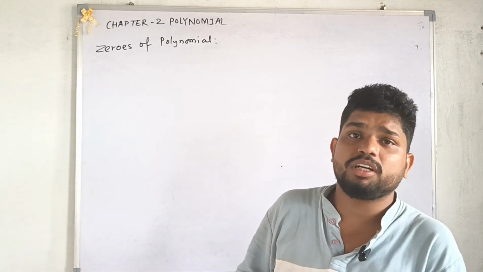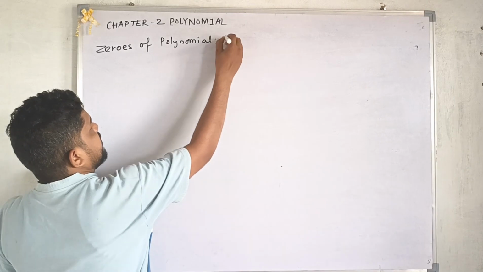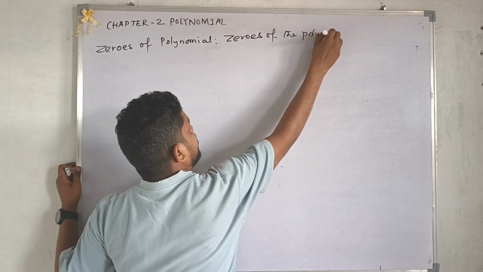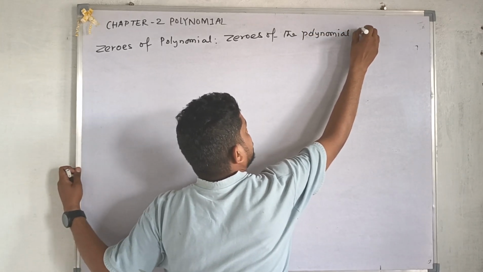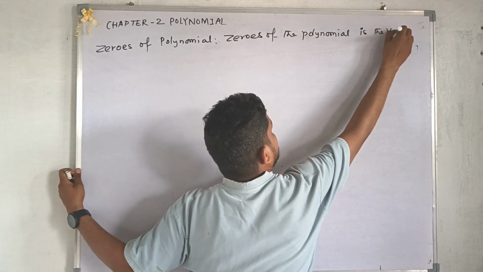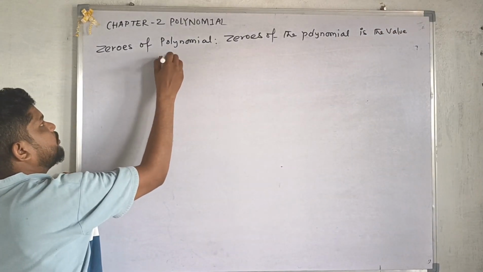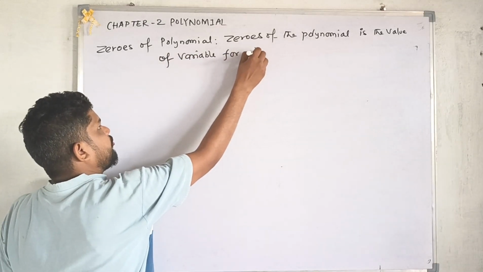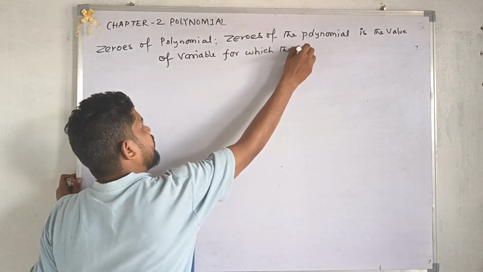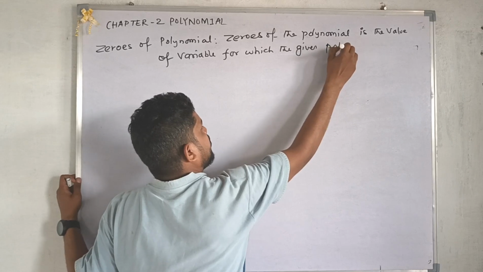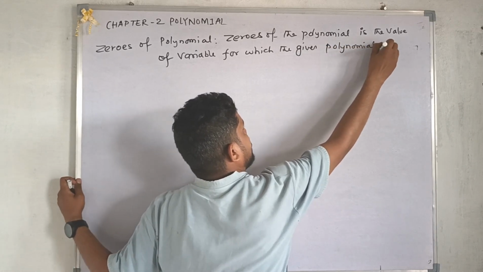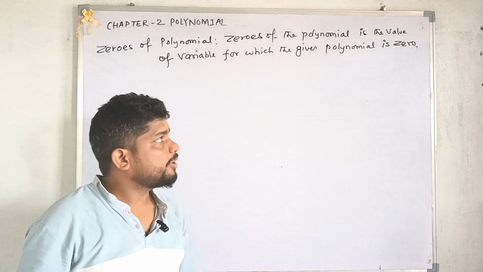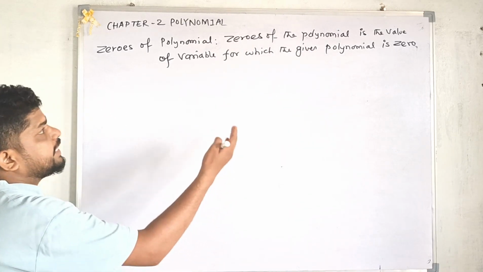Let me write the definition: zeros of the polynomial is the value of variable for which the given polynomial is 0. Zeros of the polynomial is the value of variable for which the given polynomial is 0.